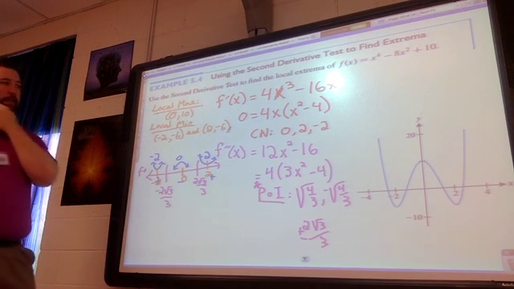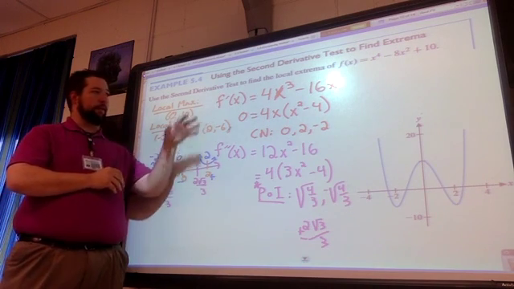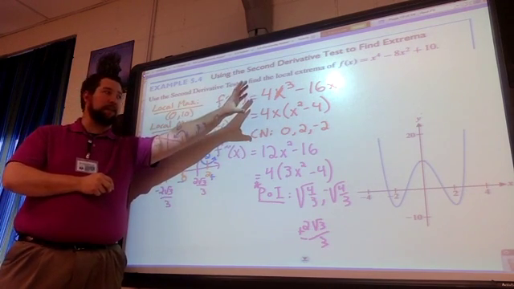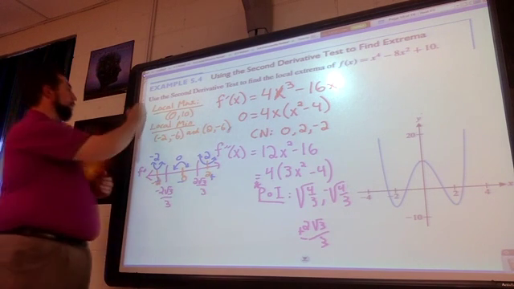All right, so when you're doing all this and putting it together and graphing, you save yourself a fraction amount of time by not having to do the first derivative test.